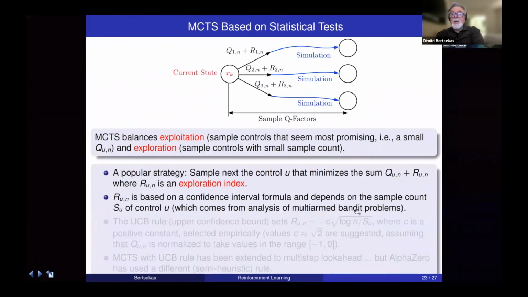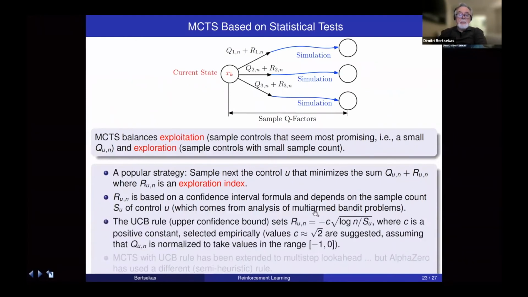It's a particular type of dynamic programming problem where the trade-off between exploitation and exploration becomes particularly vivid. And for multi-arm bandit problems, people have developed rigorously a confidence interval-based rule for setting the exploration index. This is called the UCB rule, upper confidence bound.